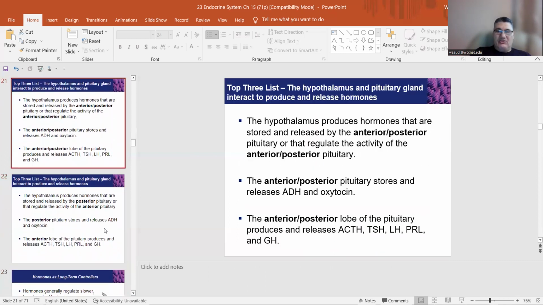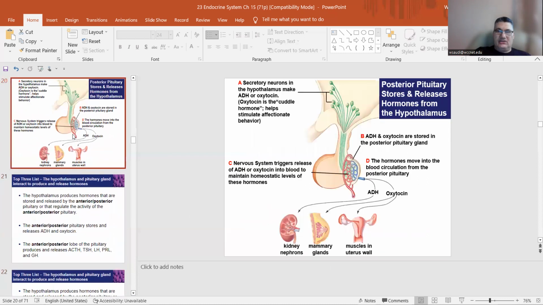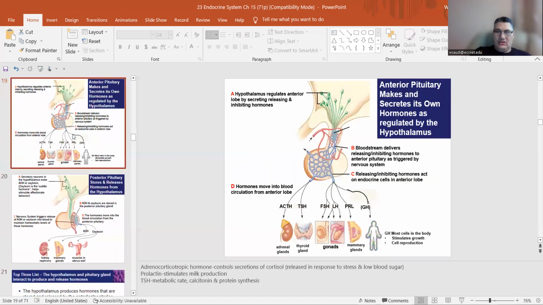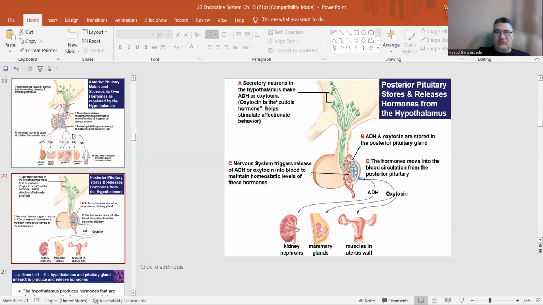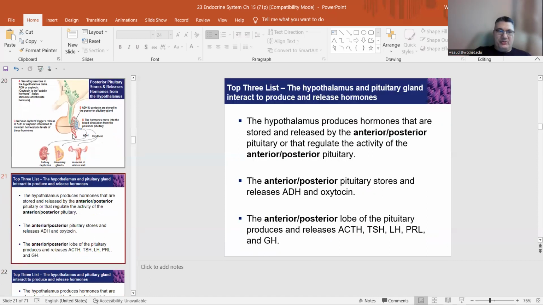Which pituitary lobe stores and releases ADH and oxytocin? We just mentioned it. It is the posterior pituitary. Which lobe secretes these secretions? It was, of course, the anterior. All the answers are in a picture. Right here. I doubt you will see a picture like this. This is too much. This is just for demonstration purposes.